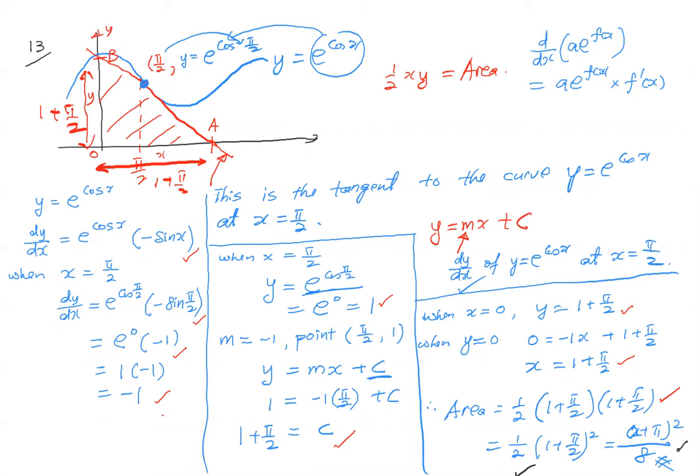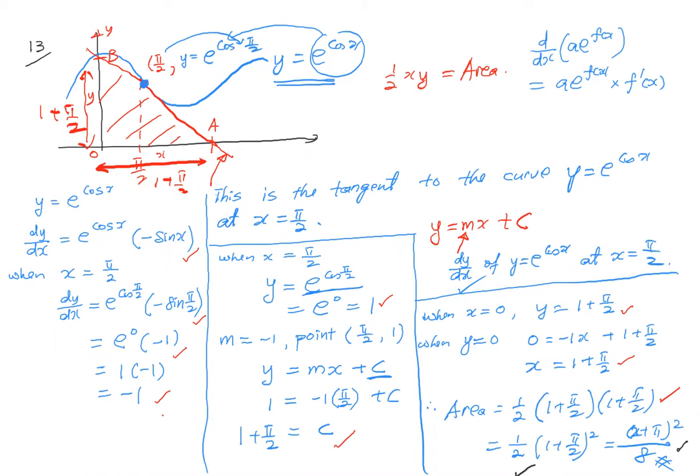And this point lies on this curve. I don't see what your problem is. So 1 equals e to the power of cos pi over 2, plus c.